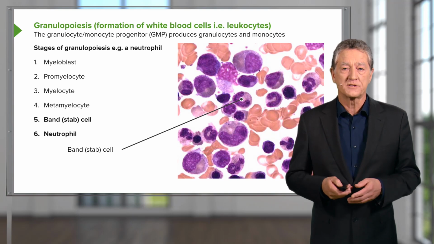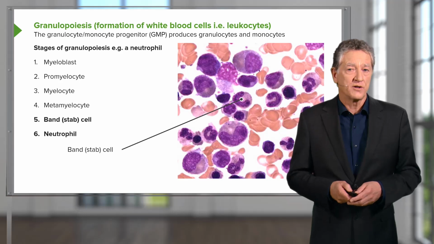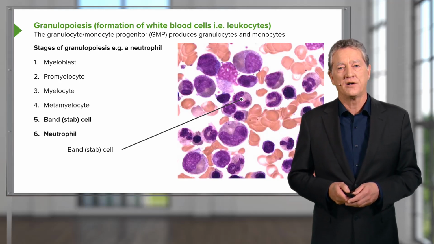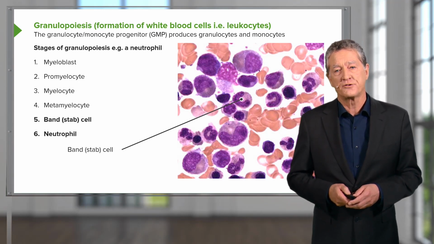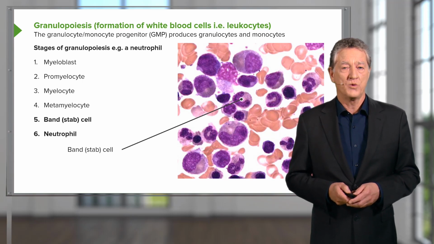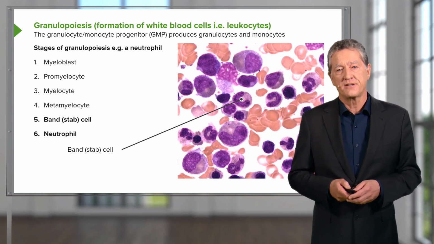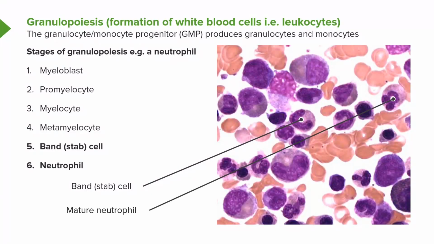Firstly, the granules start to become specific for that particular cell type. Because it's no longer dividing, it's concentrating on being the lineage to which it's destined to be. It's concentrating on creating the factory inside the cell, within the different granules, to fulfill the role of that cell type. In this case, it's a neutrophil. And finally, that nucleus will go through a stage where it becomes, as I said before, polymorphonucleus, or having many forms, many shapes.